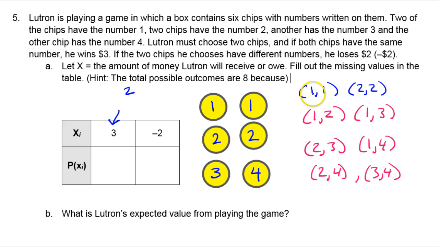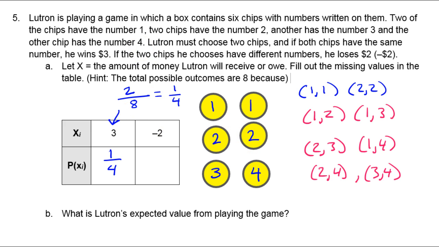Either a 1 and a 1 or a 2 and a 2. So there's 2 of those out of a total of 8. I wrote that off to the side because this reduces down to 1/4. So the probability of getting $3 is 1/4.